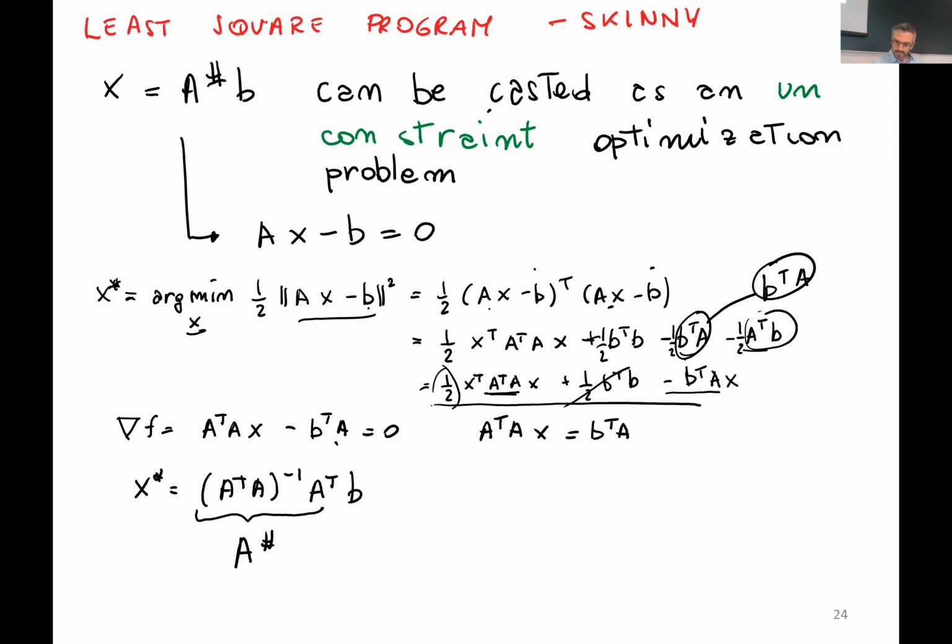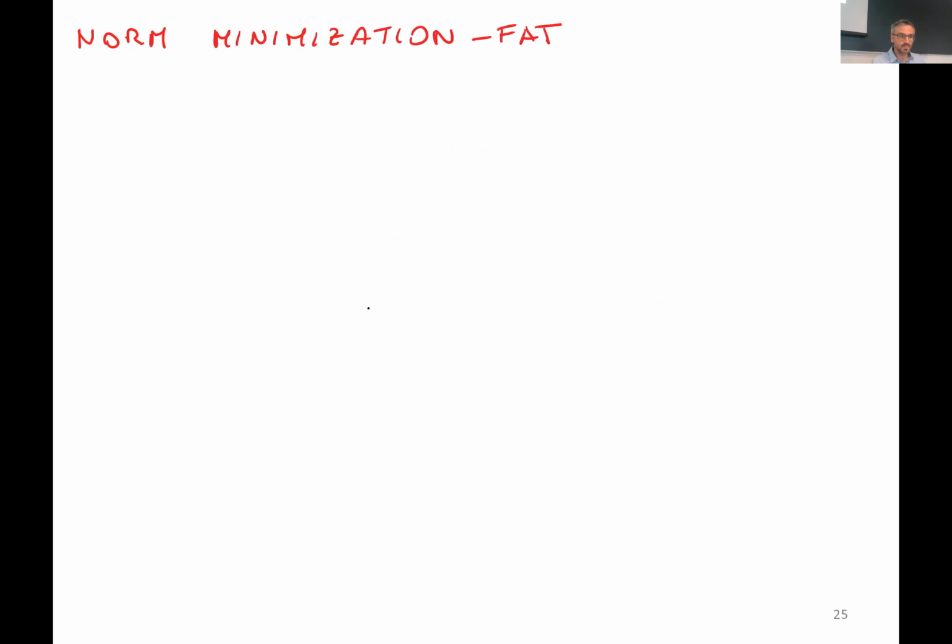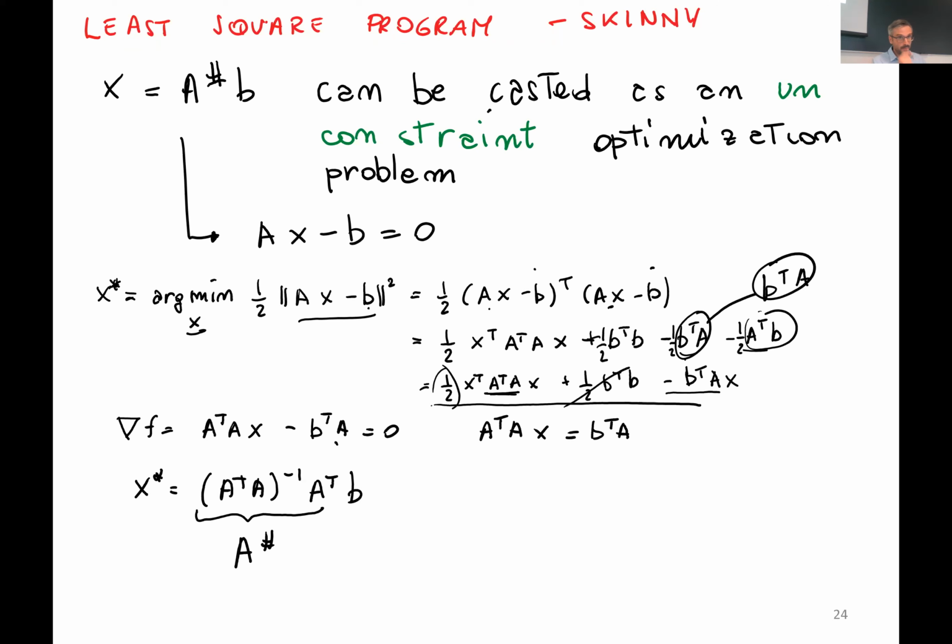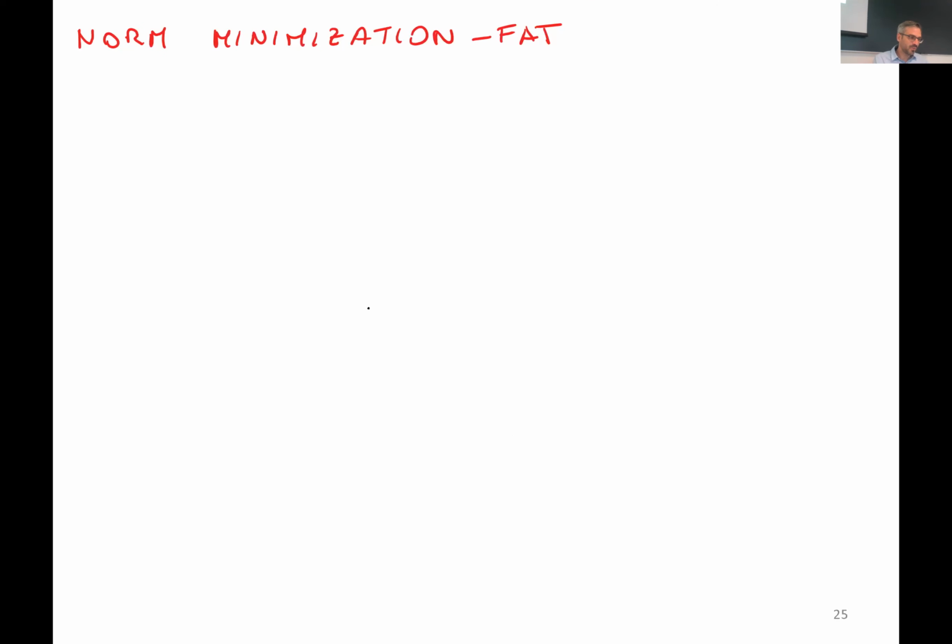Okay. So we want to do the same for the fat case. We say that in the fat case we have the minimum norm solution, and we can discriminate two cases.